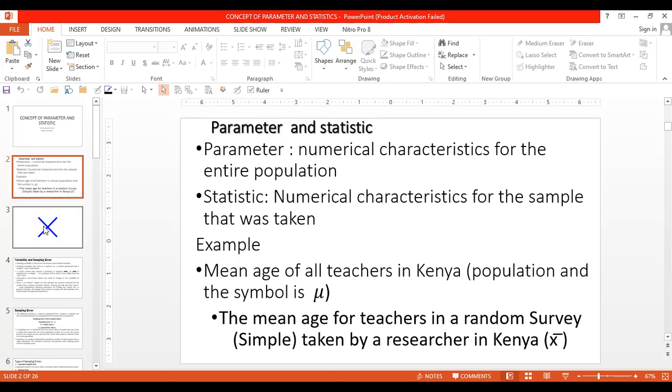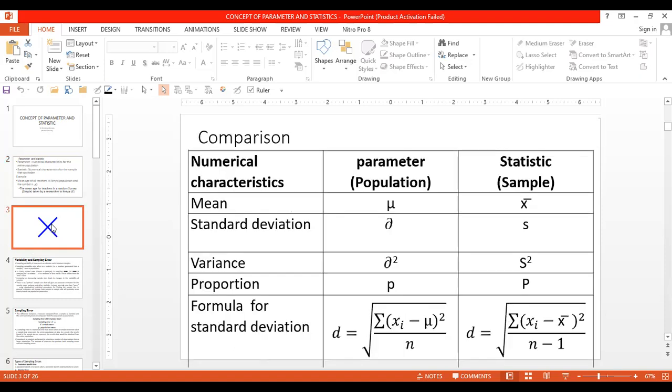When I have to compare the two, the mean taken from the population has mu as a symbol, and the statistic has an X with a bar.